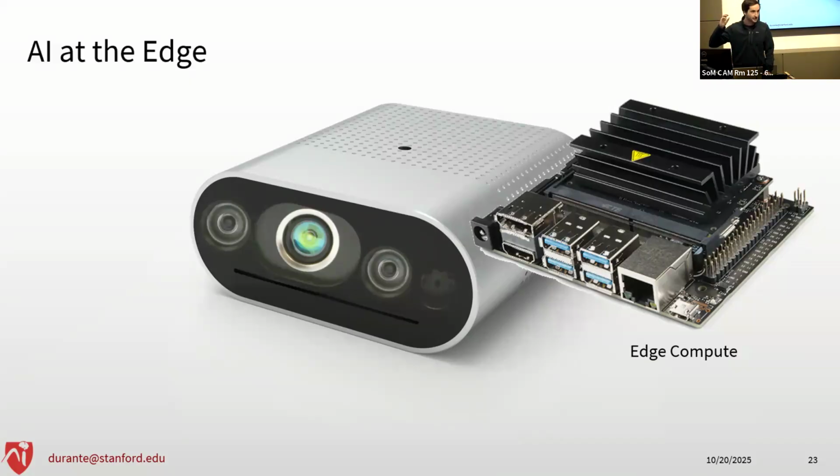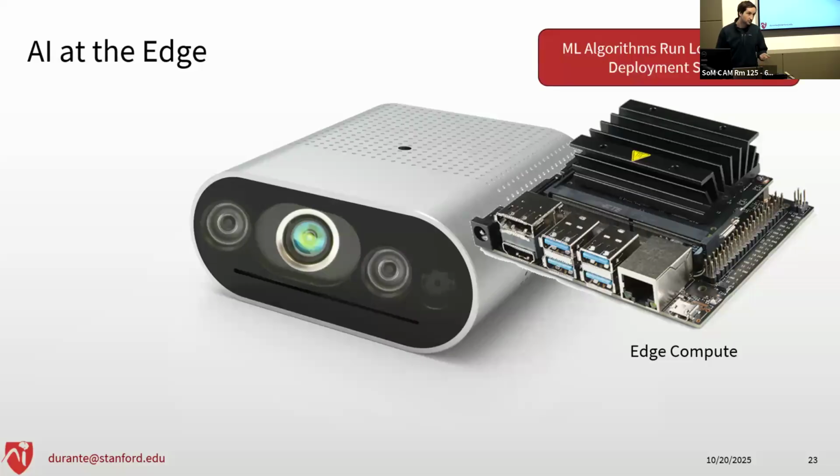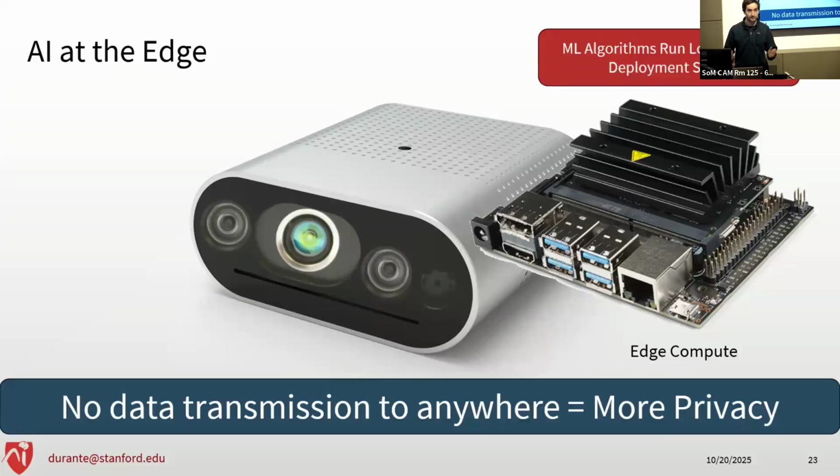It's basically you stick a small computer onto the camera and you run the AI model there so that you never have to send the data anywhere. You're just running everything on the camera system itself. So people don't need to worry about where's my data going? Who's going to see it? It's all just going to be in that computer there. So this is one way to alleviate concerns because you don't have to transmit the data.